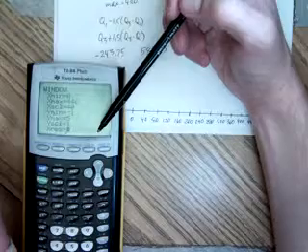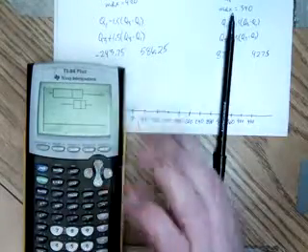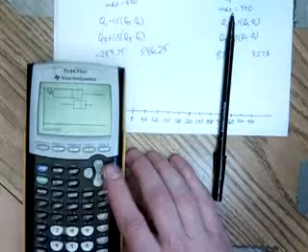Now 440 exceeds both of our maximum values, and 0 is smaller than both of our minimums, so we know that it'll fit.